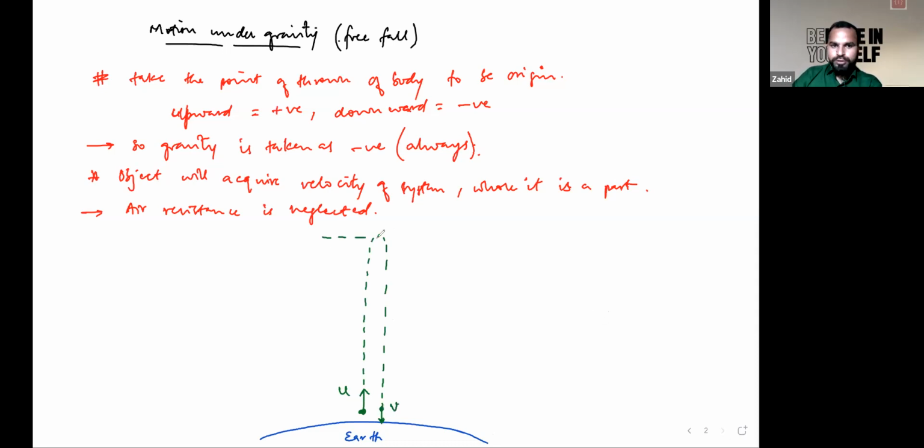At the highest point of any projection, velocity of the object would be zero. So velocity of the object is zero at its highest point.